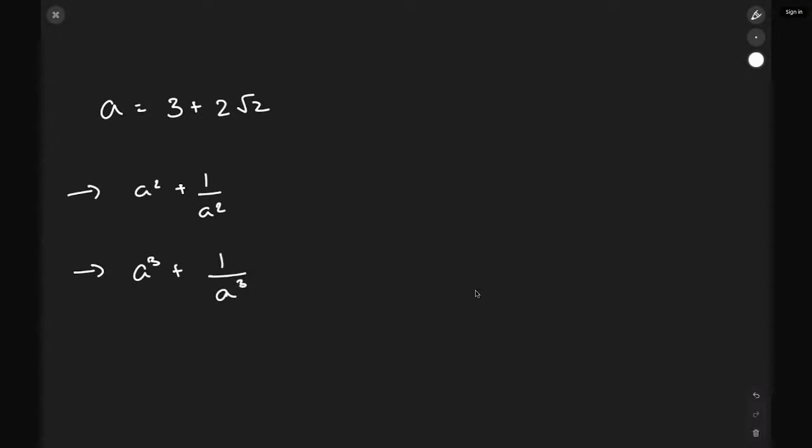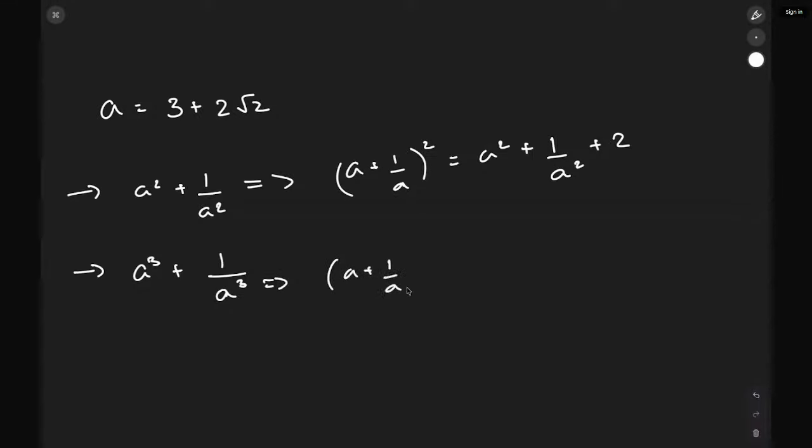If we need a square plus 1 upon a square, we can write (a plus 1 upon a) whole square like this. Similarly for a cube plus 1 upon a cube, (a plus 1 upon a) whole cube will be equal to a cube plus 1 upon a cube plus 3 times a into 1 upon a into a plus 1 upon a.